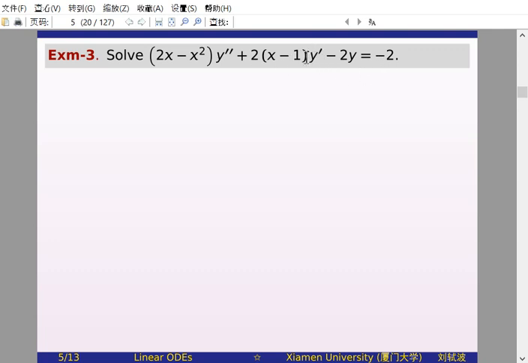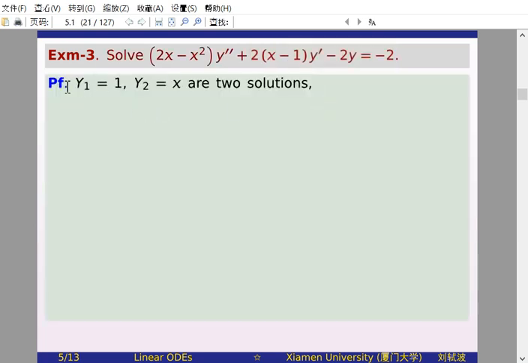So substituting y equal to x into the equation, then y double prime is 0. As you can check, y equal to x is also a solution of this non-homogeneous equation. Therefore, capital Y1 equal to 1 and capital Y2 equal to x are both solutions of this non-homogeneous equation. So we already obtained two solutions of the non-homogeneous equation.